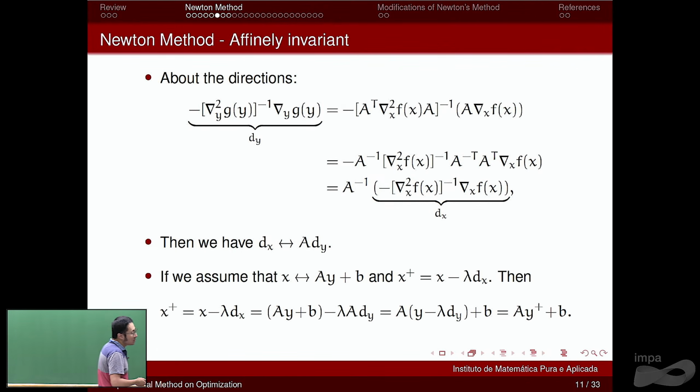And if we assume we have a point x corresponding to Ay + b, and the next iteration is x+ = x - λ dx, where λ is some step size and dx the Newton direction, then by the computation we substitute x by Ay + b, and by the conclusion we just got, dx corresponds to A dy.